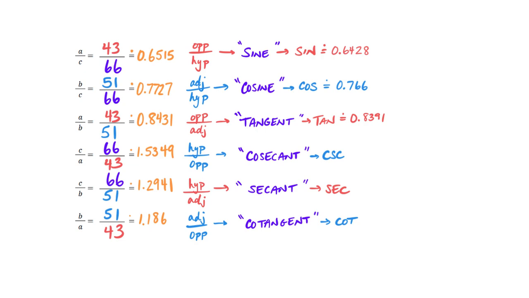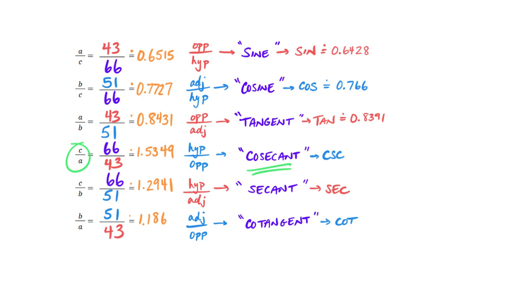Those are your first 3 ratios all flipped, so it's the reciprocal of each of them. Instead of taking my opposite divided by my hypotenuse, I take my hypotenuse divided by my opposite. That is our C over A ratio. That is called the cosecant ratio.